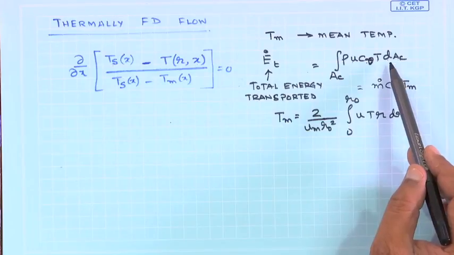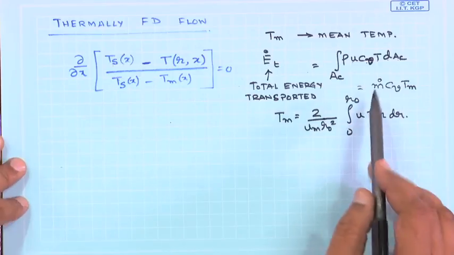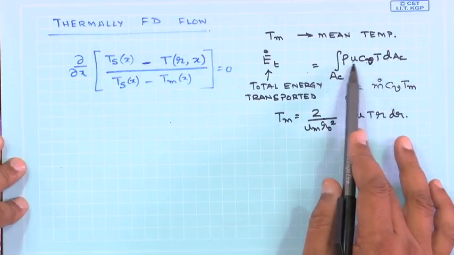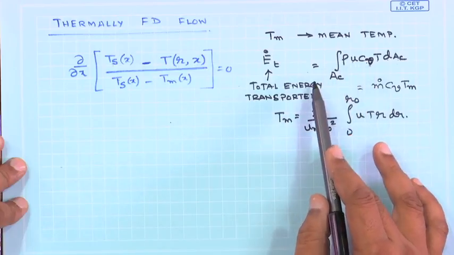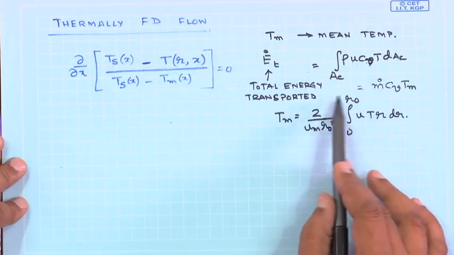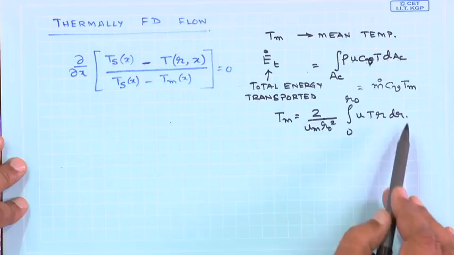The total cross sectional area is π r². So, dAc would be 2π r dr, and when you put that in here and take the ρ and Cv out of the integration sign, this is what you are going to get.